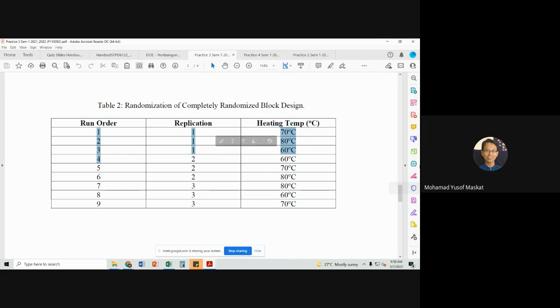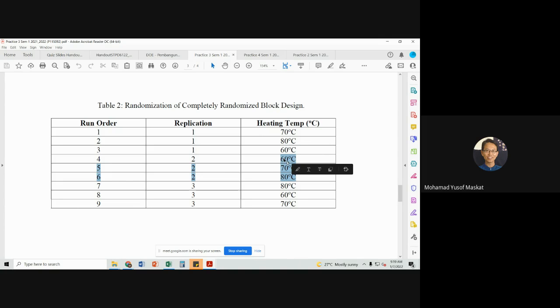Okay, so you can see over here the replication is only 1. There is no randomization. But within the block, within the replication, there is randomization over here, between the temperatures. And similarly for the second block, the second rep, you can see that there is randomization, and this randomization is different from this one.